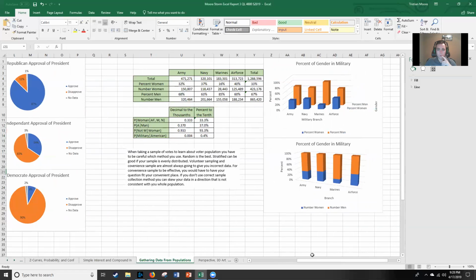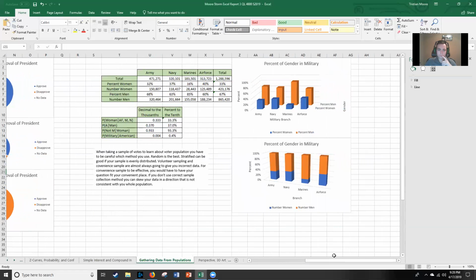And here we took and found some data about how many women who were in the military were not Air Force, Marine, or Navy. Military women who were not Air Force, Marines, or Navy.